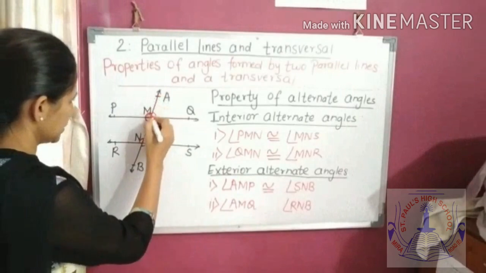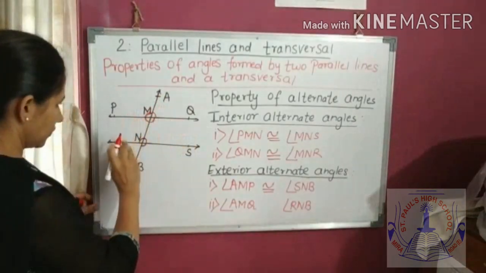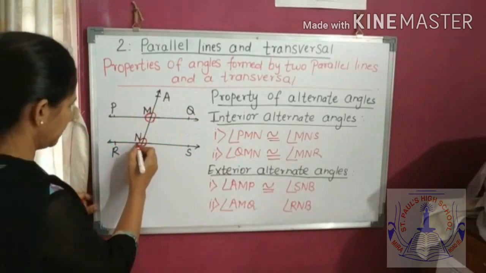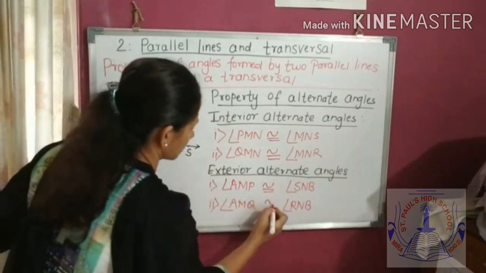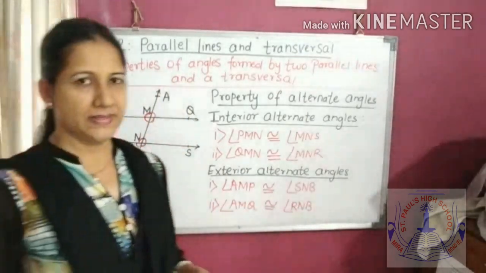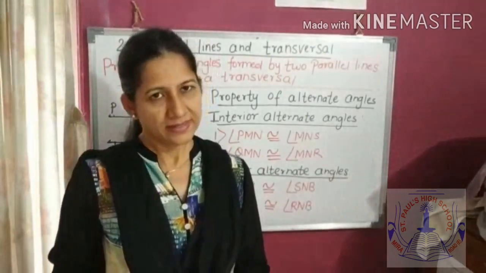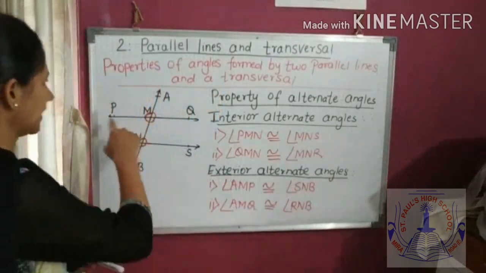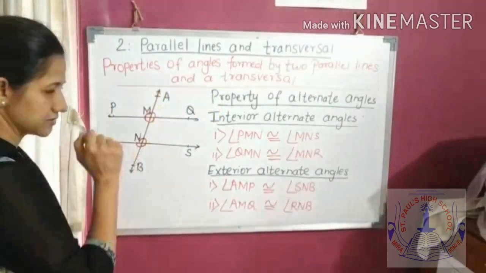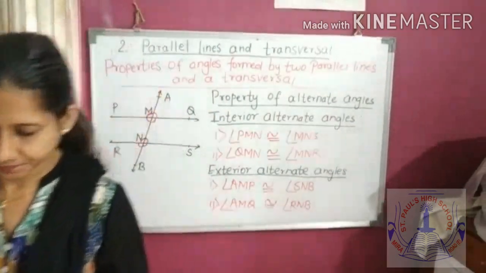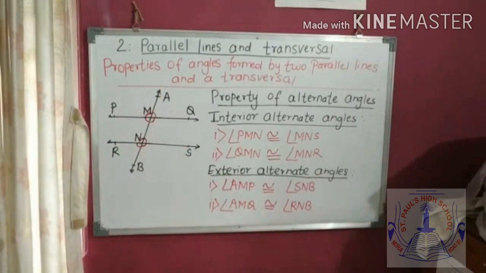Next, angle AMQ, and exactly on the other side of the transversal, we have angle RNB. So they are also congruent to each other. So the pairs of interior alternate angles and exterior alternate angles are congruent if the lines are parallel. I hope this is clear to you all.